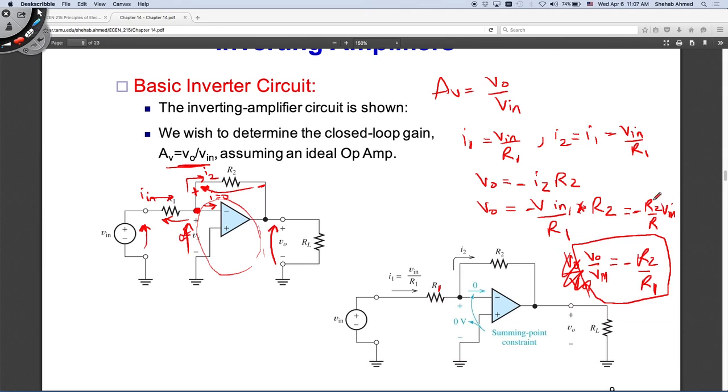So anytime you have an input signal, it will be multiplied by this number and then inverted in sign, and that will be the output. Right? That's why it's called an inverting amplifier. Yes? Question? Yes, yes. Is it not clear? Should I repeat?